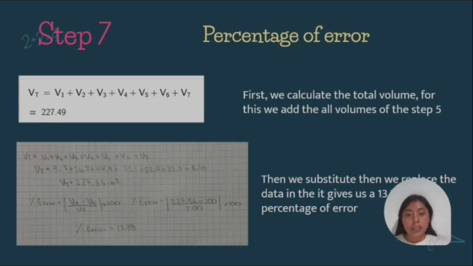And for the last part, we use this formula and substitute with this result: the percentage of error equals 227.78 minus 200, divided by 200, and the result is the percentage of error, which in this case is 13.78 percent.